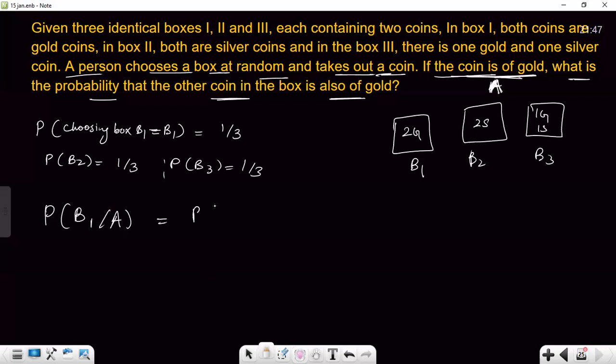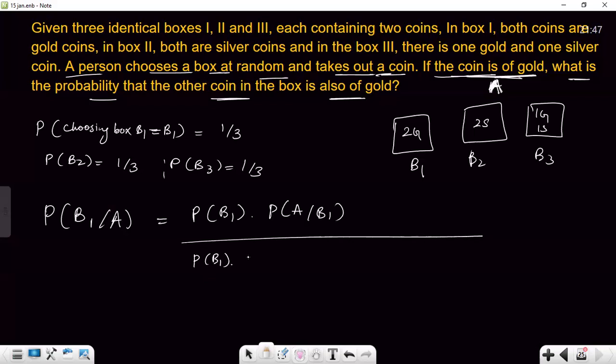For finding it, we write probability of B1 into probability of taking out a gold coin via B1, divided by probability of B1 into probability of a gold coin via box 1, plus probability of choosing box 2 into probability of a gold coin via box 2, plus probability of choosing box 3 into probability of a gold coin out of box 3.